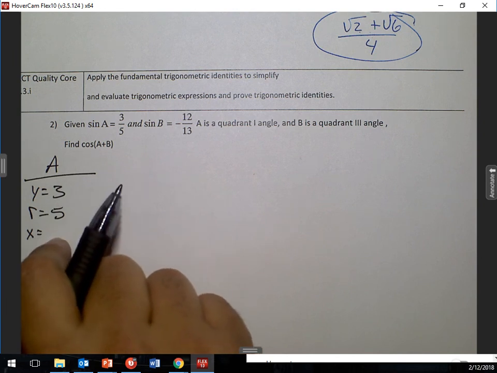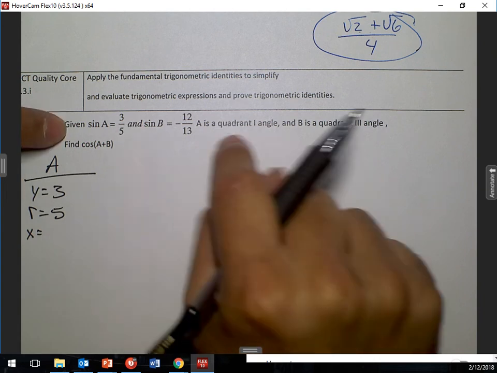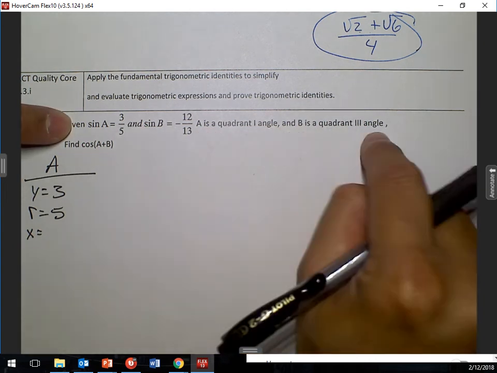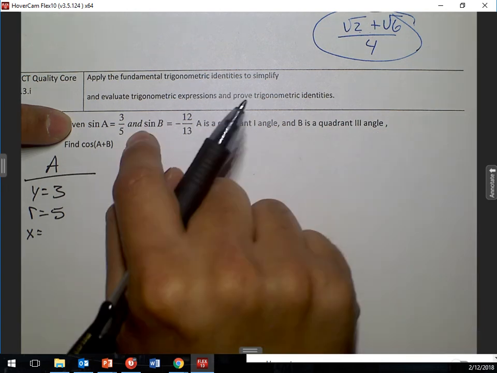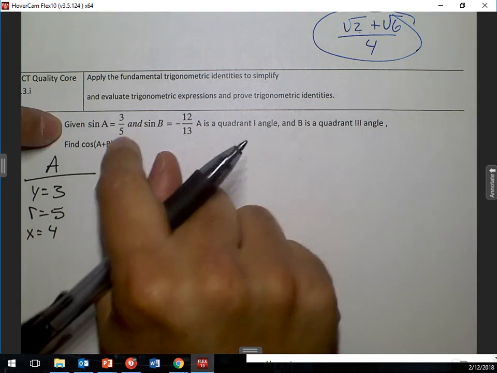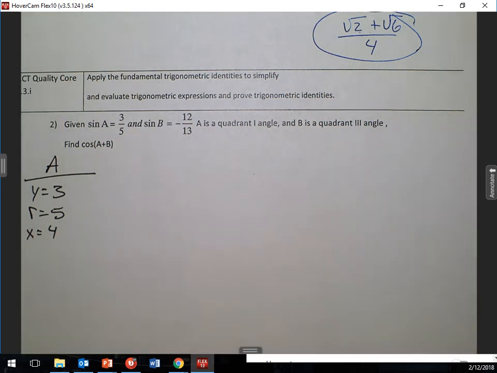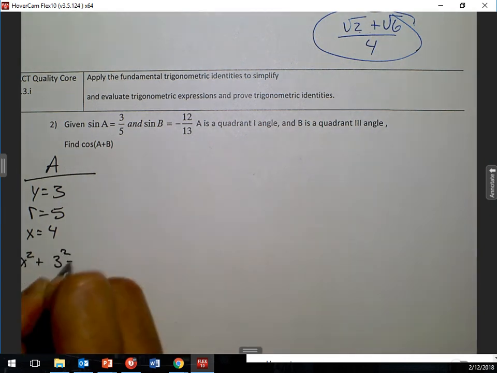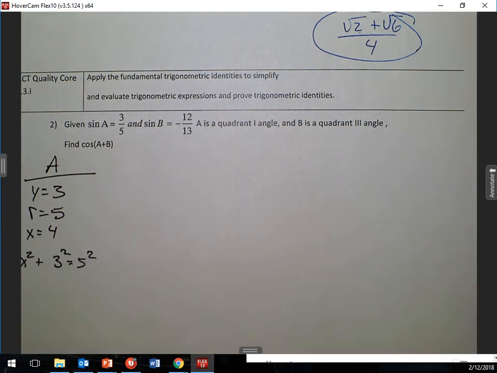Now, it says right here that A is in quadrant 1 and B is in quadrant 3. So this one is going to be a positive 4, right? Now, let's take a look. Just for the sake of my video, I am going to do this anyway. X squared plus 3 squared equals 5 squared.